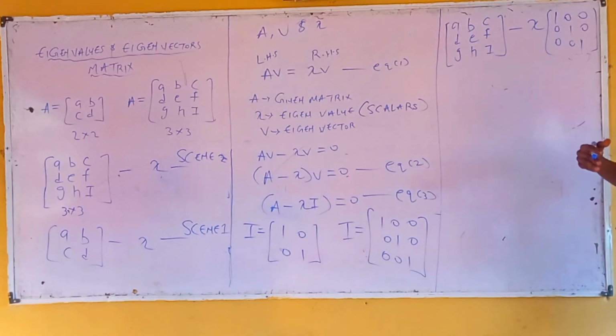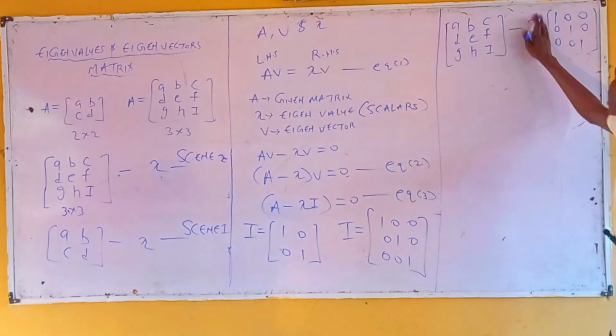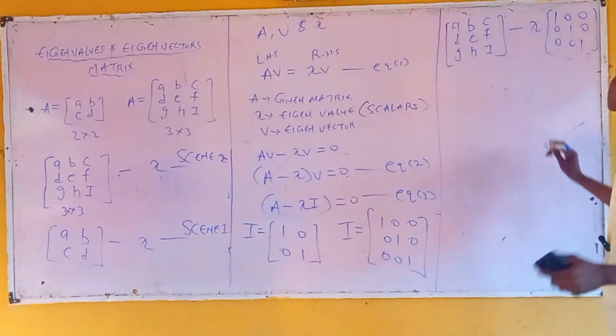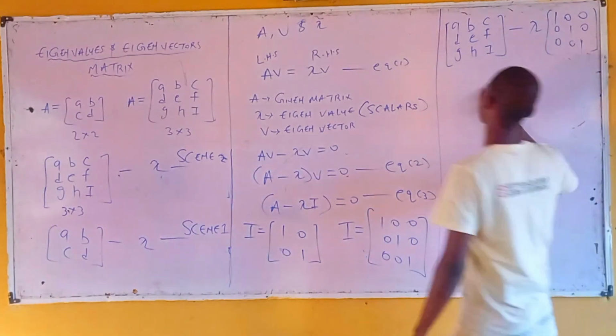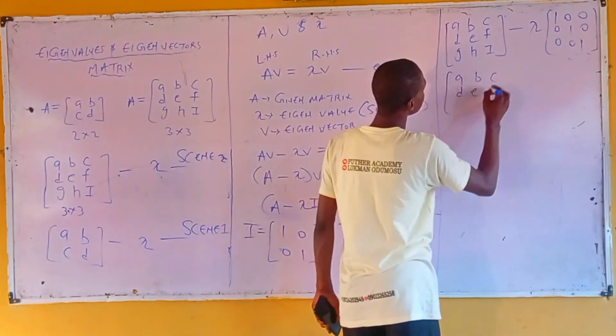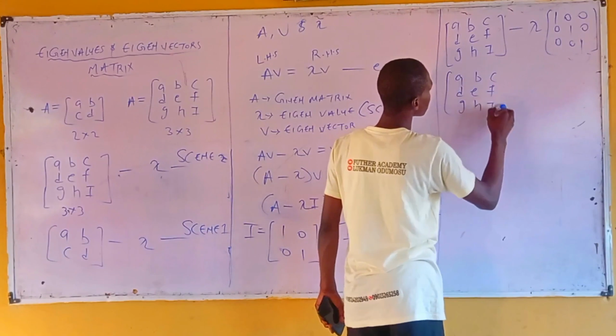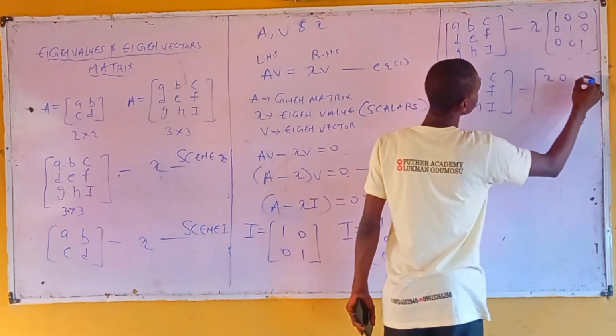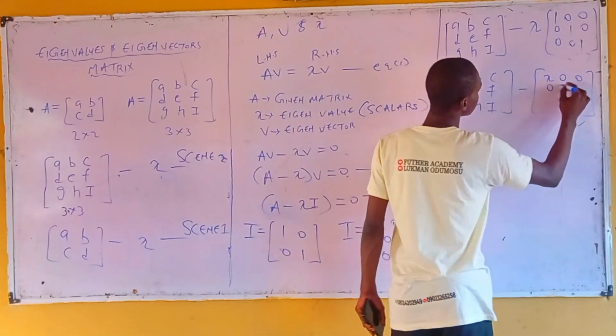Eigenvalue, scalar. And scalar can be 2, 1, 3, etc. So let's say you are using the value of lambda directly. By the time you open up your bracket, what do you have? A, B, C, D, E, F, G, H, I, negative lambda, 0, 0.